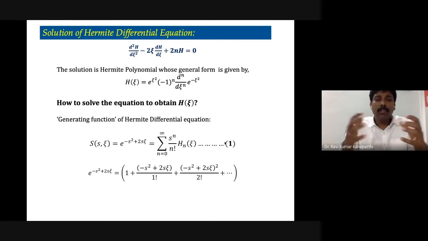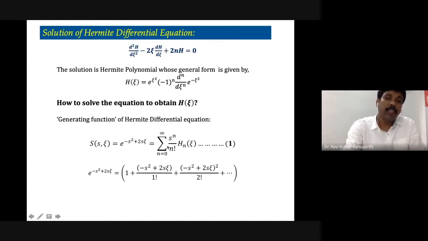All these terms, as you can see, have s square terms and also sz terms. So you can combine all the s terms, all the constants, and then it will take this type of expression.